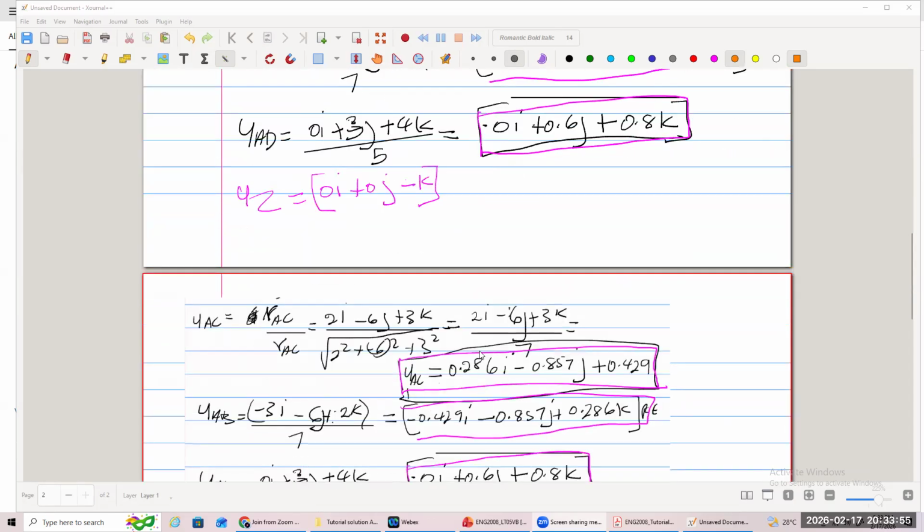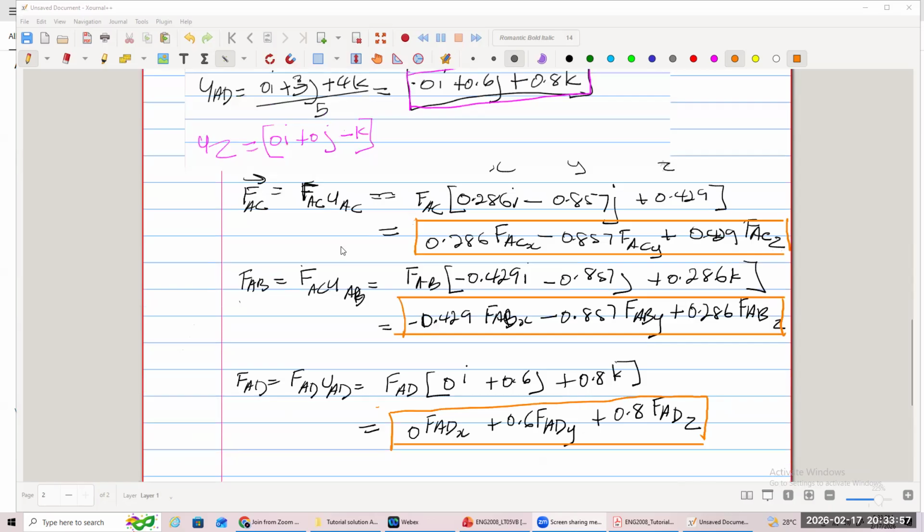So let's go back to where we are. All three lines have a force. If you were to find the vector of all three lines, this is what your Cartesian vectors of all three lines will be.